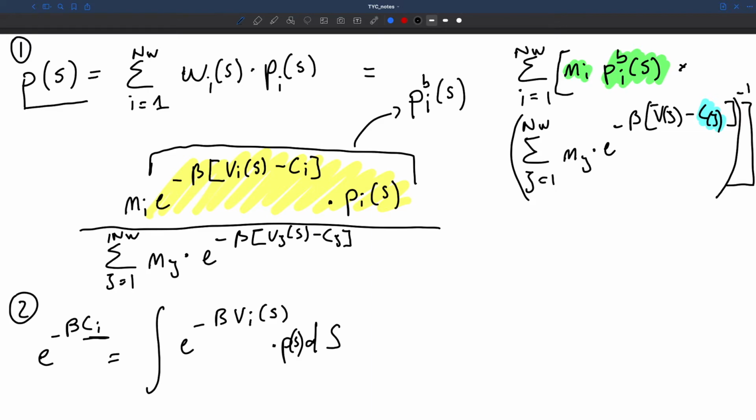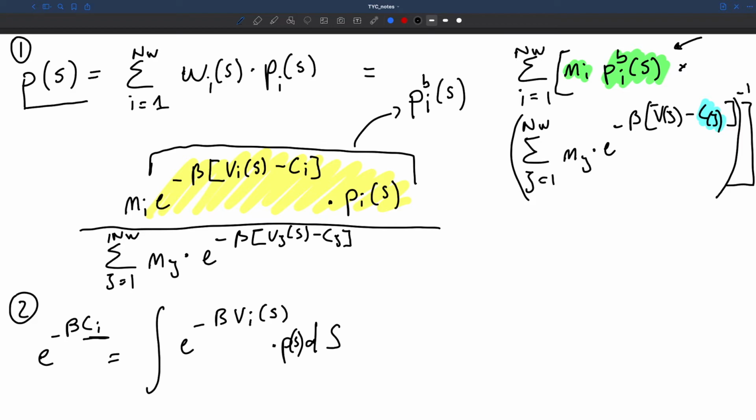So the idea is we perform a number of bias simulations in the presence of local umbrellas that generate a certain probability density that is biased and that we use in this expression, using some initial guess for the shifting constants.